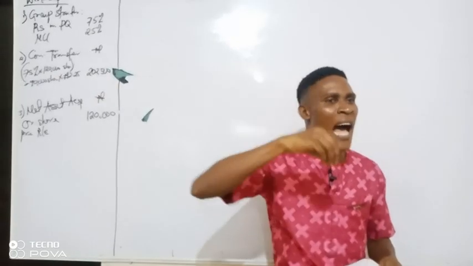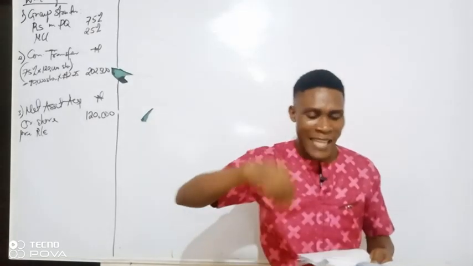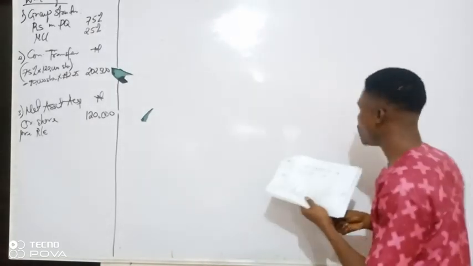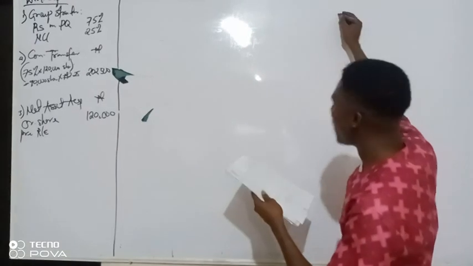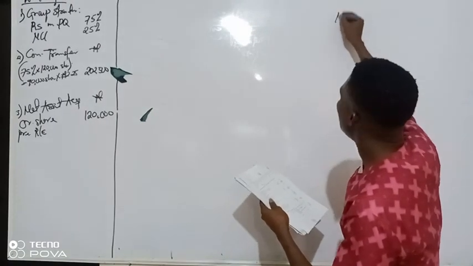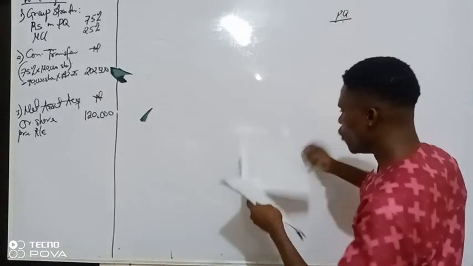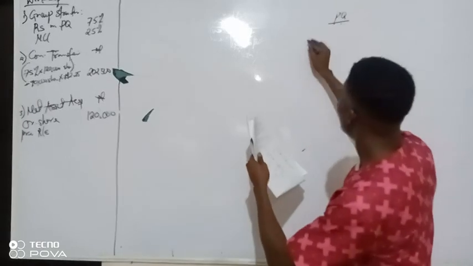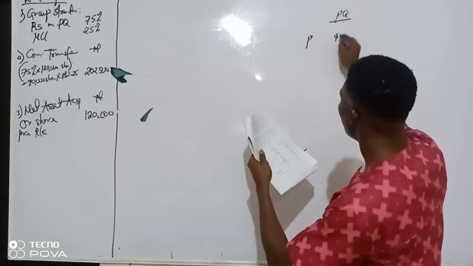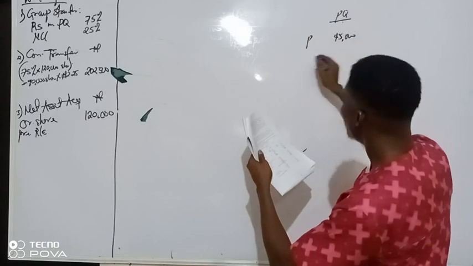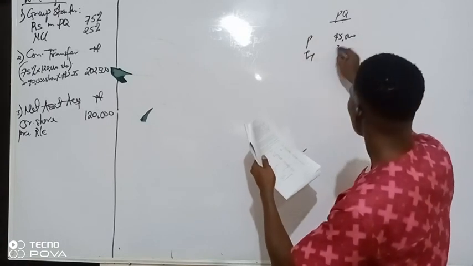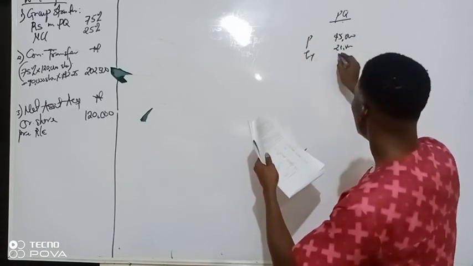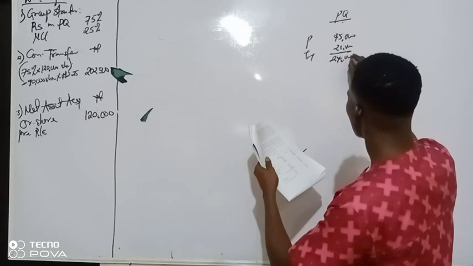This is why I'm asking that question. If the acquisition were during the year, look at it again. I'm talking about PQ now. From the question you have profit for the year 45,000. You have tax 21,000, which leaves 24,000.